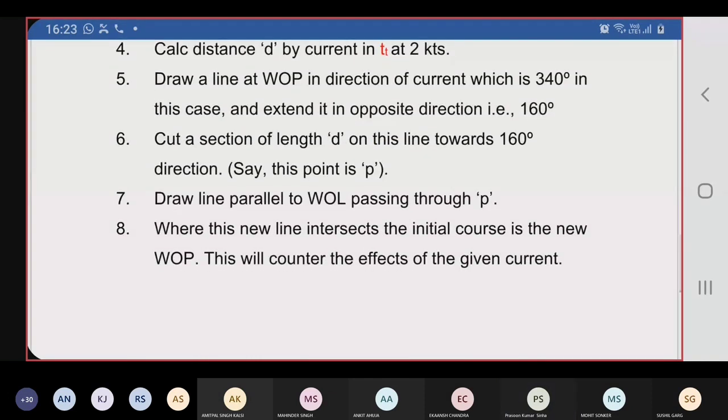Shifting a little bit. Tell me when you are done.